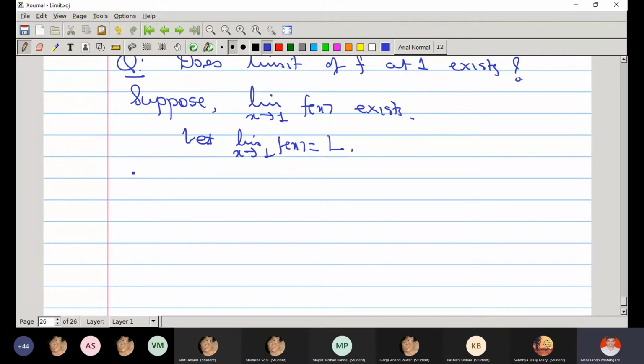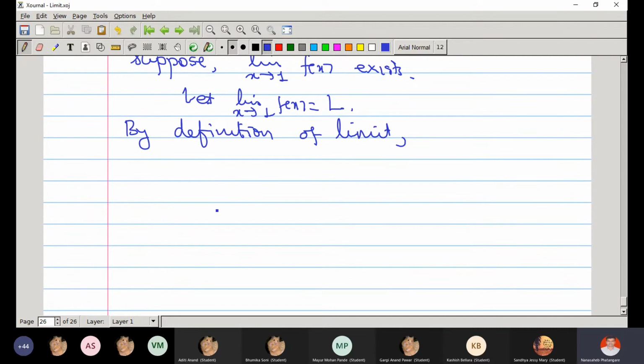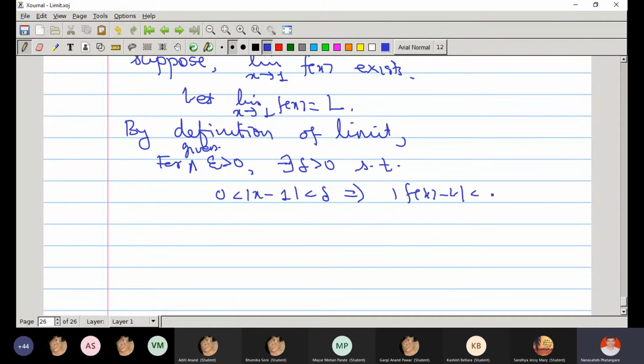Then by definition of limit, for given epsilon, there exists delta such that whenever 0 < |x - 1| < delta, then |f(x) - L| is less than epsilon.